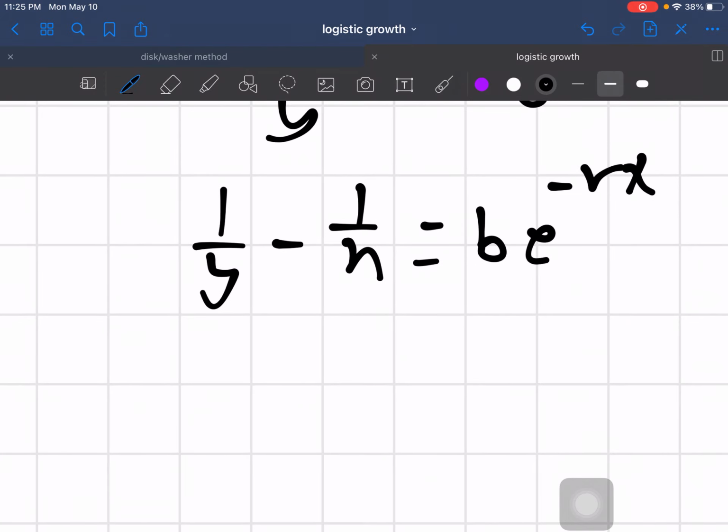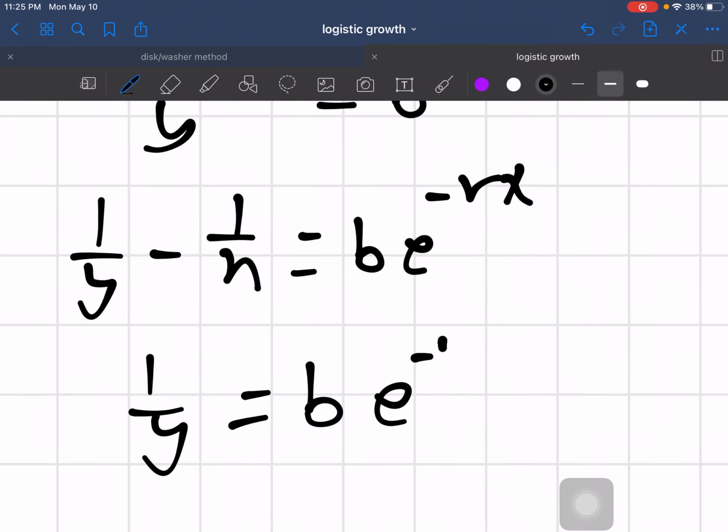And let's take the 1 over n to the other side by adding 1 over n to both of them, and we get b e to the power of rx plus 1 over n.